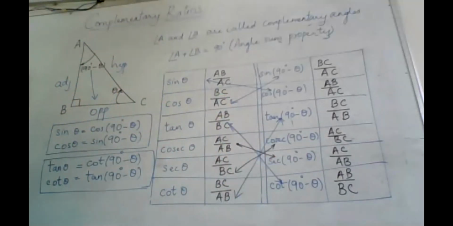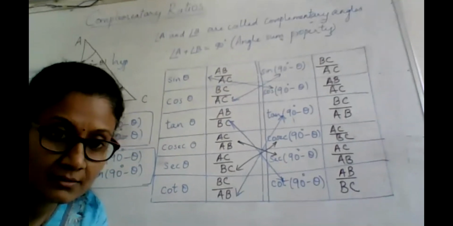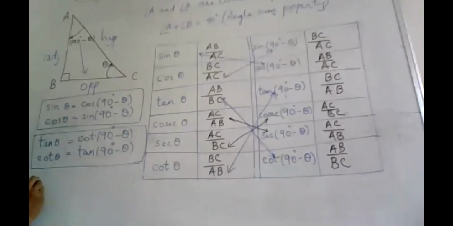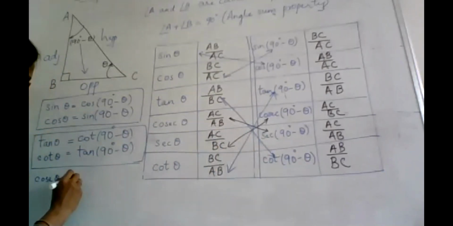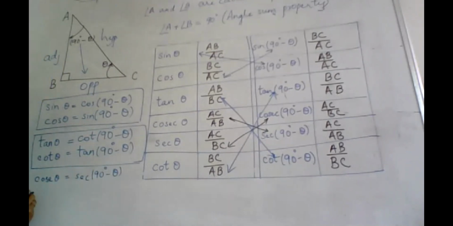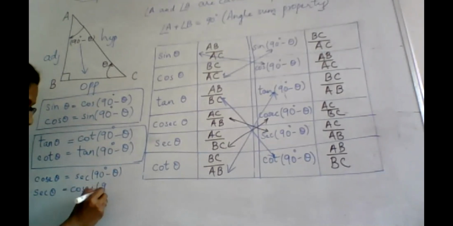So the third set of complementary angles: I'll write cosecant theta as equal to secant of 90 minus theta. Similarly, the secant of theta will be cosecant of 90 minus theta. So this is the third set of complementary ratios.